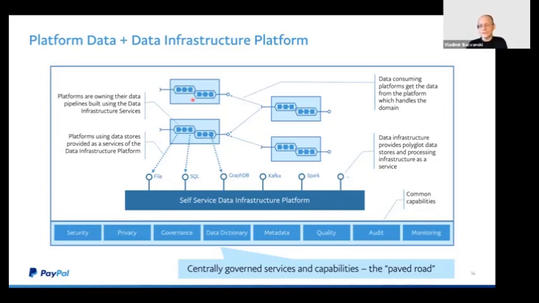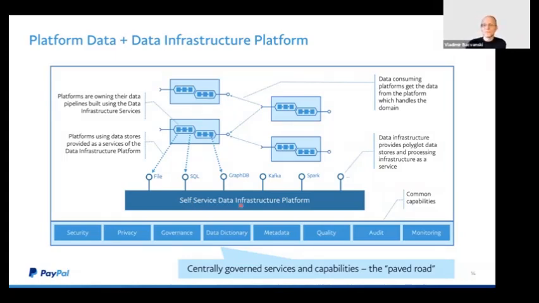Now, the question is, is every platform going to invent these mechanisms on their own? And the answer is no, because that would not scale and you would quickly end up in chaos. So what is essential is to have the infrastructure platform, in fact, a self-service data infrastructure platform.